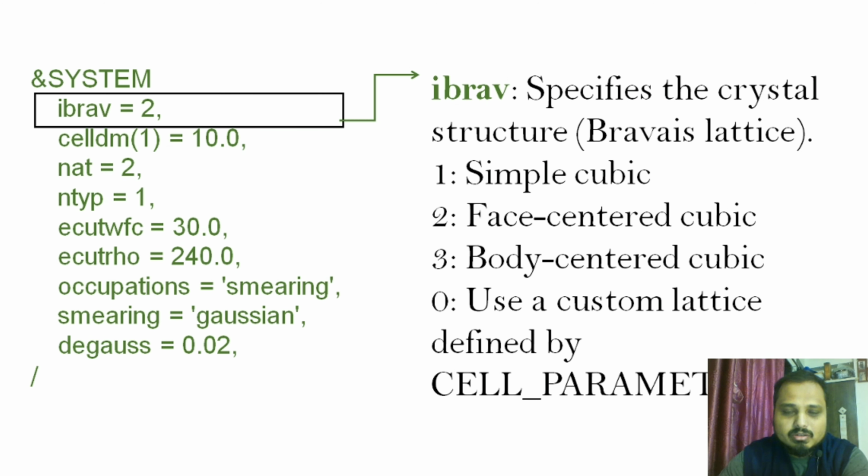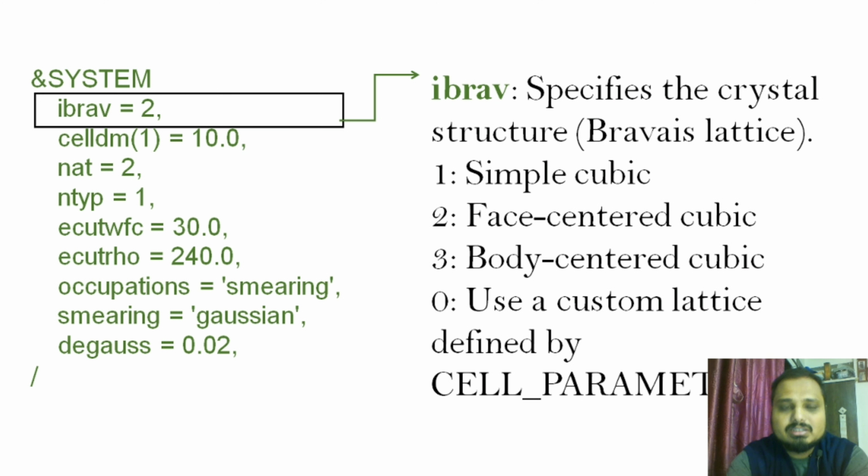We all know that there are three cell parameters a, b, c, and three angles alpha, beta, and gamma. So celldm(1) is cell parameter a. Celldm(2) is the ratio of cell parameter b to a, and celldm(3) is the ratio of cell parameter c to a.